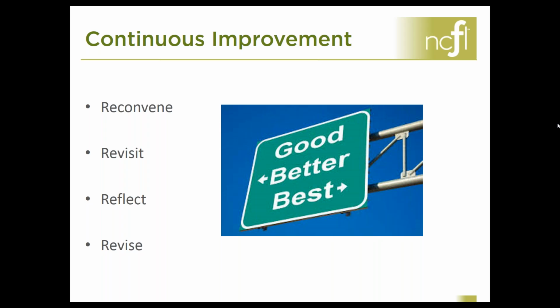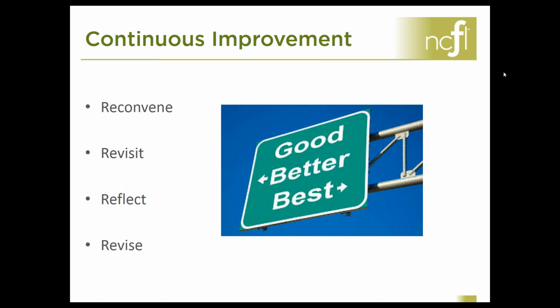Revisit that regularly throughout the year and then reflect. We have the privilege of working with amazing partners that do just phenomenal work. I'm always amazed in the field. But again, you don't want to settle into your excellence. And so you want to constantly reflect and revise and think about new ways to meet families.